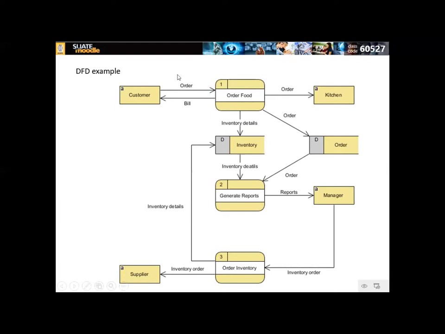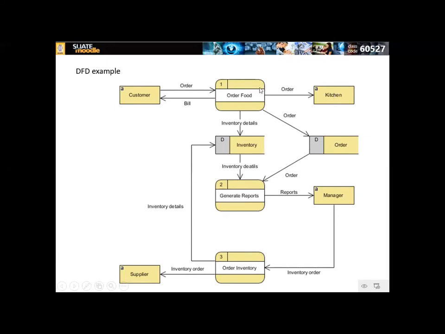Here it shows this data flow: the order data goes. Then where does this order go? The order food process places the order to the kitchen.